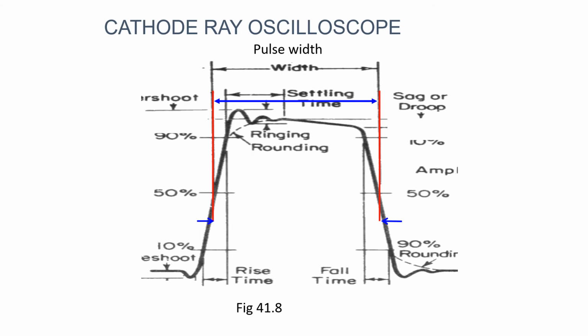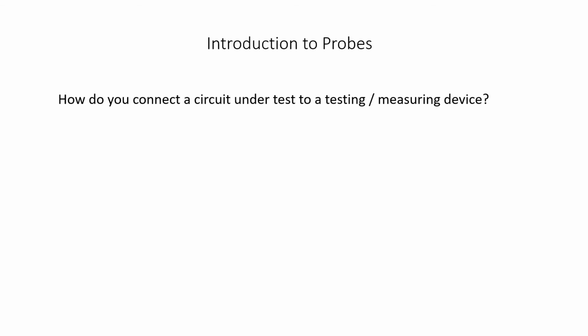Now, let us see the probes. So, different probes and connectors used in CRO. So, how we connect a circuit under test to a testing or measuring device. Now, here our measuring device is a CRO.